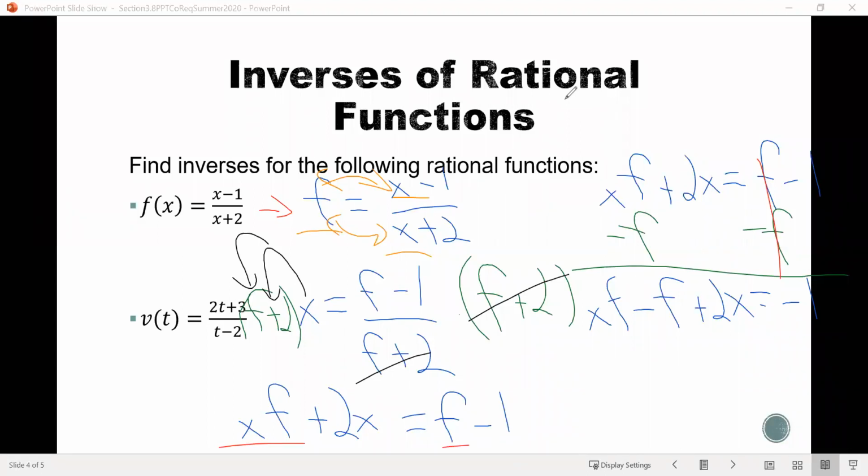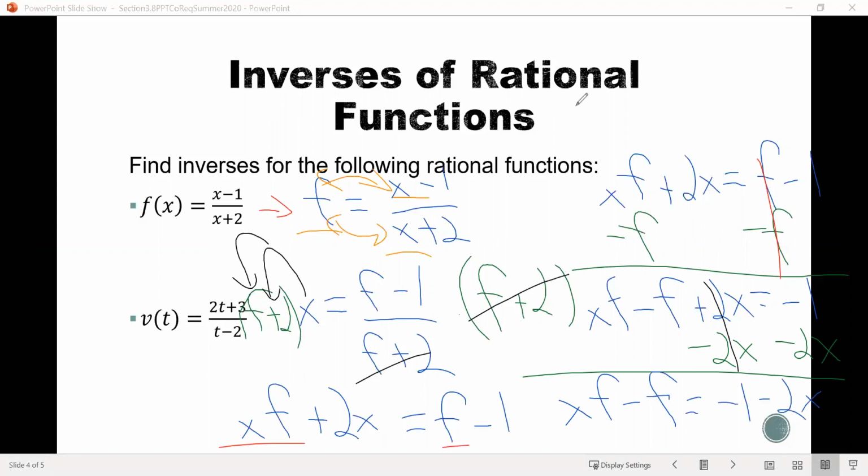And then we also want to move the 2x to the other side. All right, so that we have only things with f's left on the left-hand side. So when we do that, we now have xf minus f equals, and we have negative 1 minus 2x, because those cannot be combined as they're not like terms.